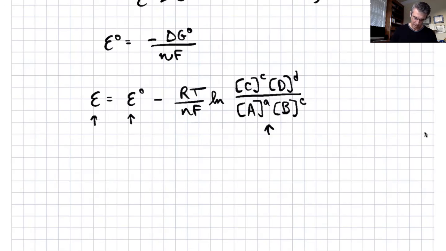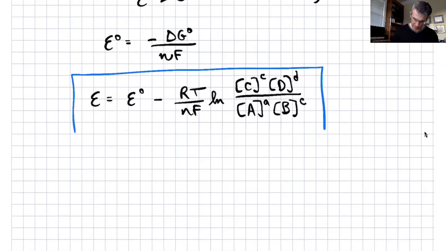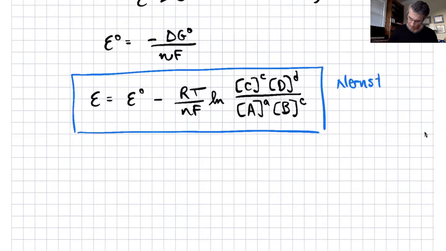That's great. This equation gets a name. This is known as the Nernst equation, and it's exactly the sort of relationship we were looking for.